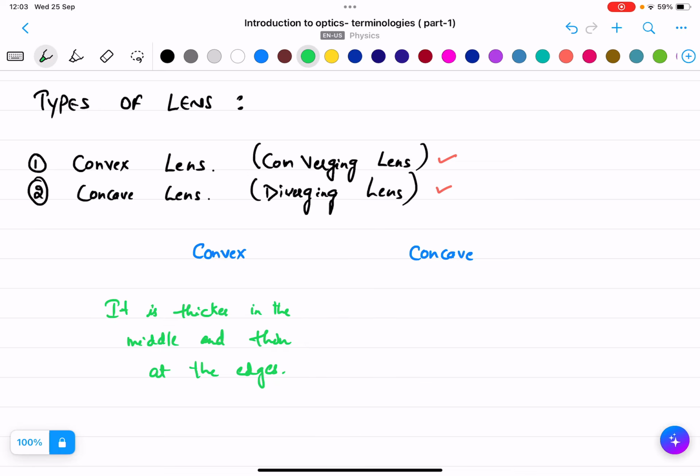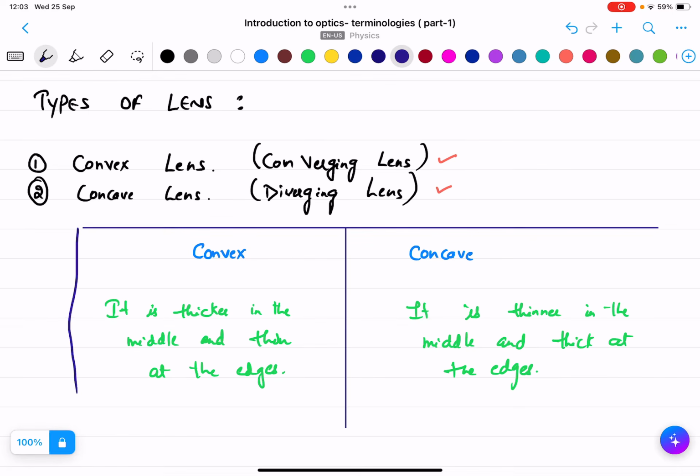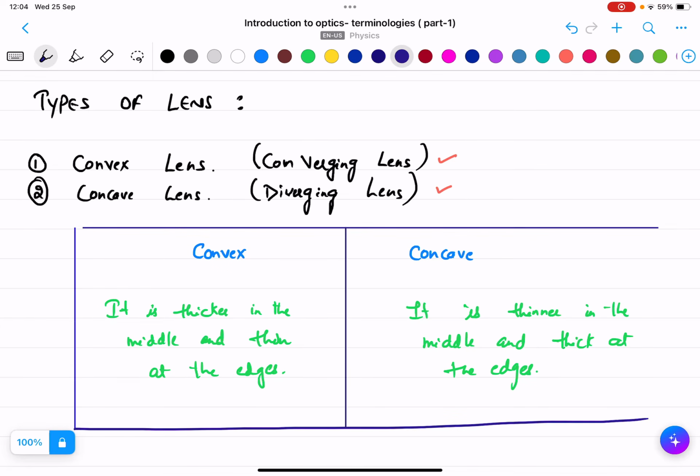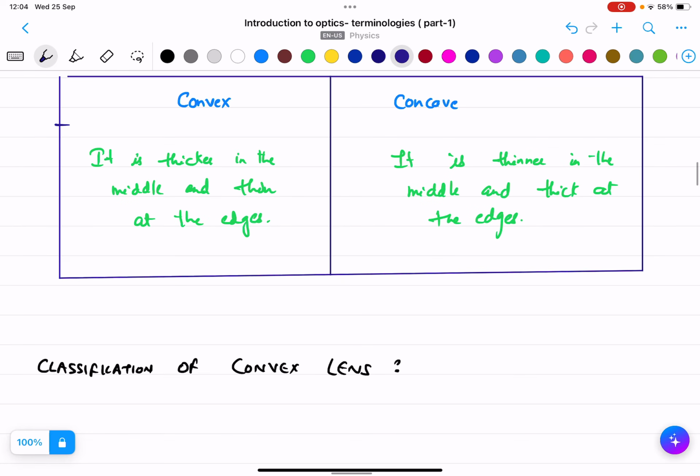When I am speaking about a concave lens, it is thinner in the middle and thick at the edges. Always remember this definition, it is very important. What is thin, what is thick? So a convex lens is always thin at the edges. Now come again on this one. I'll give you another example.